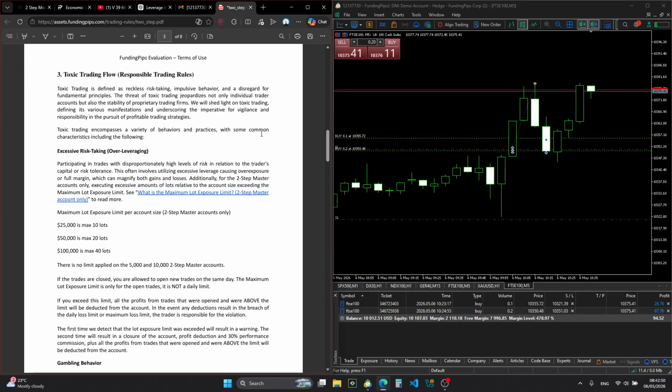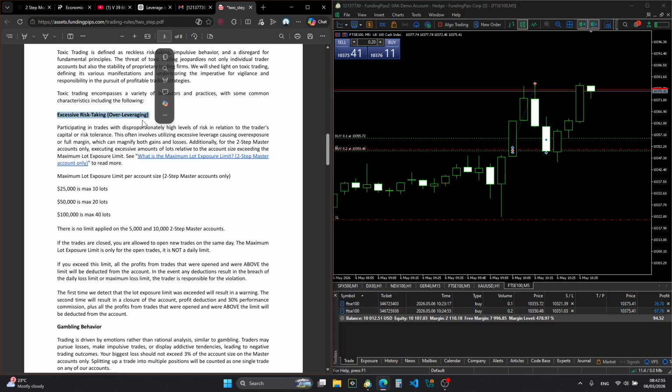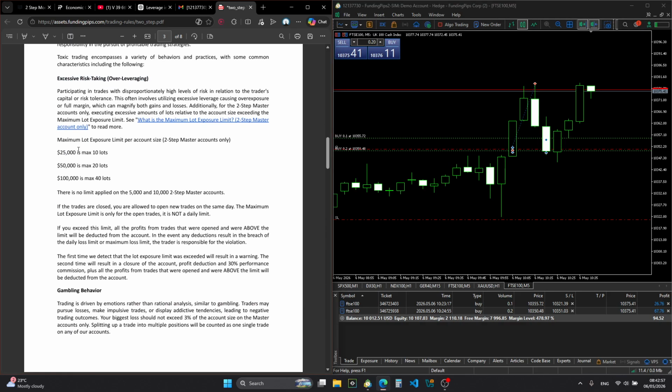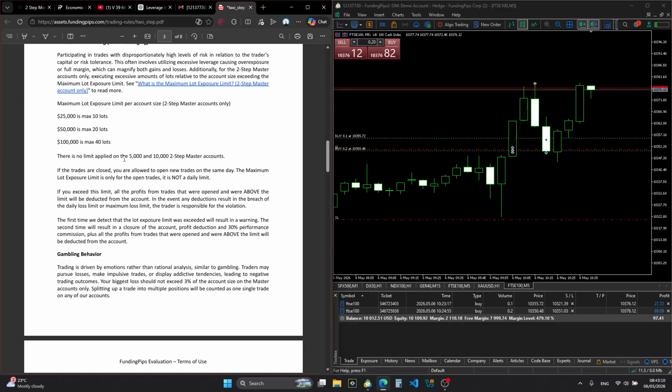A variety of behaviors and practices with some common characteristics, including excessive risk. There is a maximum lot exposure limit per account size. In 25K, I can only do 10 lots. There is no limit applied on 5 and 10K.